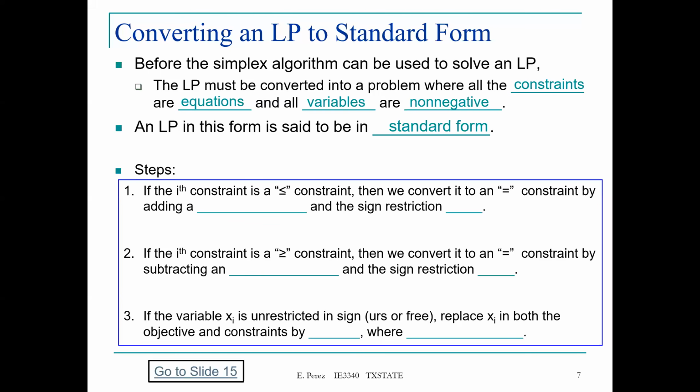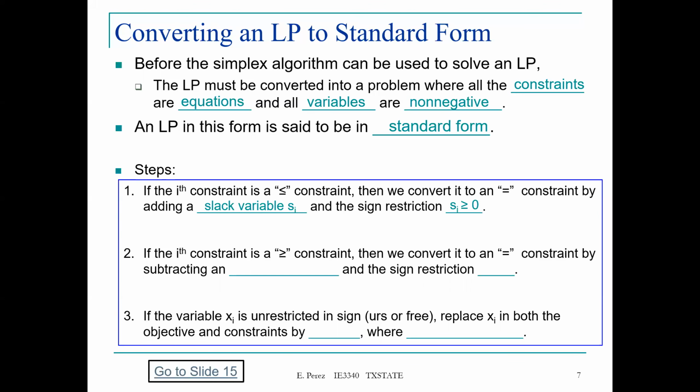The first step: if the i-th constraint is a less than or equal to inequality constraint, then we convert it into an equality constraint by adding a slack variable s_i and the sign restriction s_i greater or equal to 0.